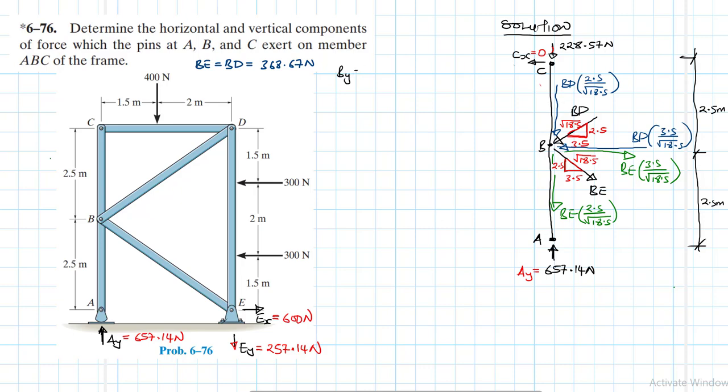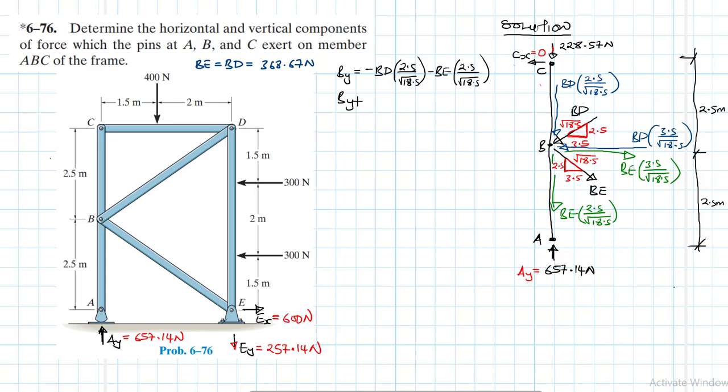By at that point is going to be equal to minus BD times 2.5 divided by root of 18.5, minus BE times 2.5 divided by root of 18.5.